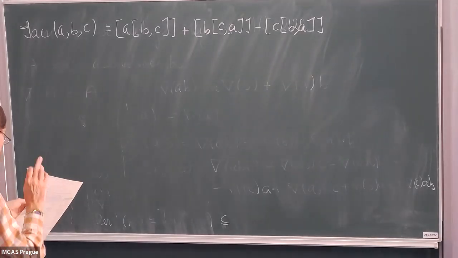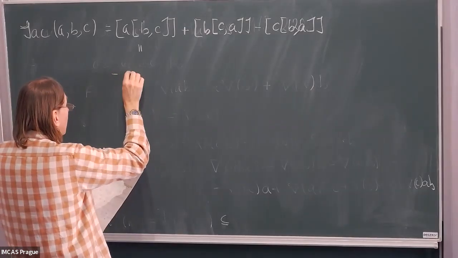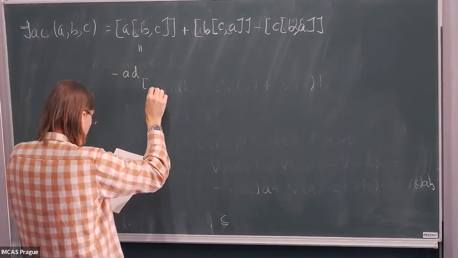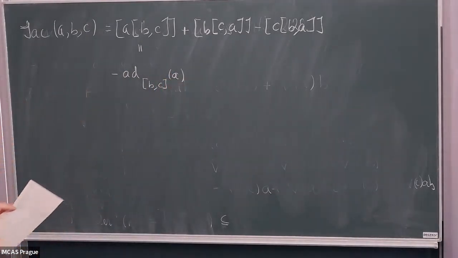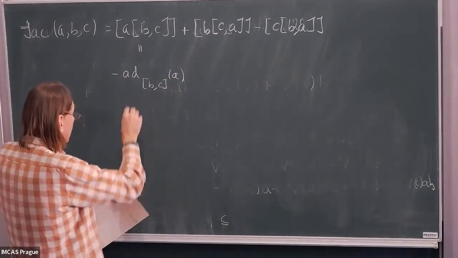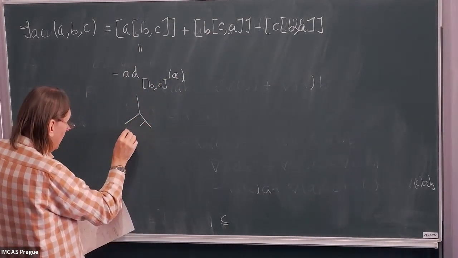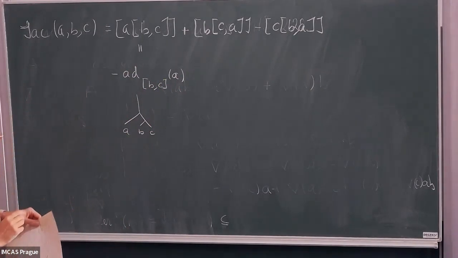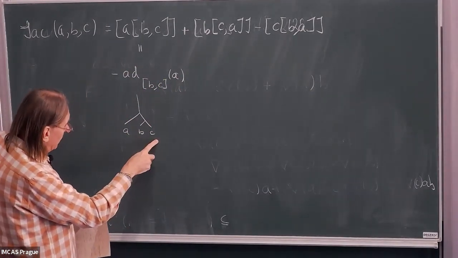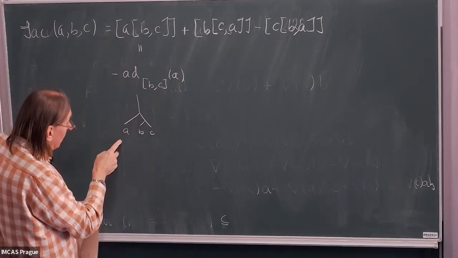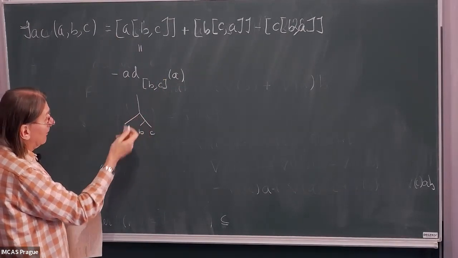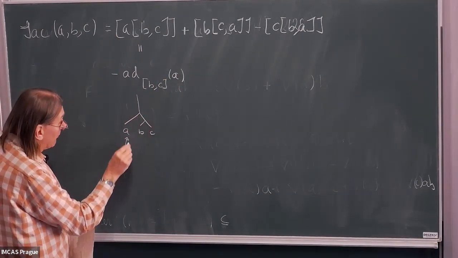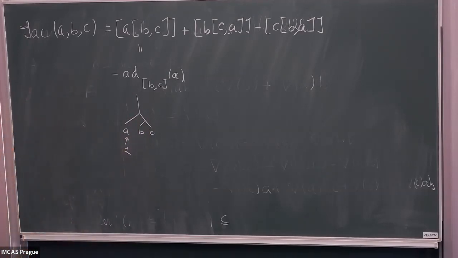And now I realize that this is minus the adjoint action of [B,C] on A. Well, this is not very clear what I mean, but in pictures, this is doing what? I multiply B and C and then I multiply the result with A. Since the bracket is a differential operator of order 1 in each variable, this is a differential operator of order 1 in A, the first term.